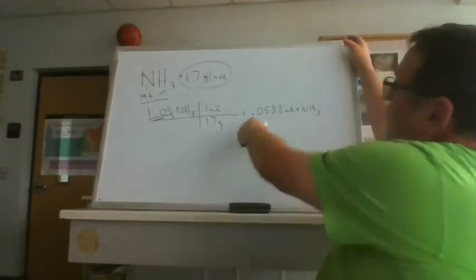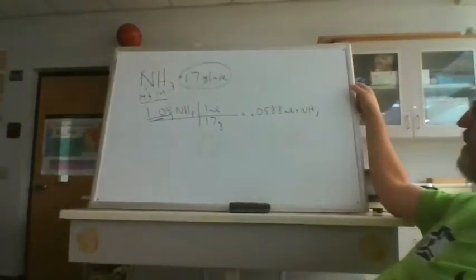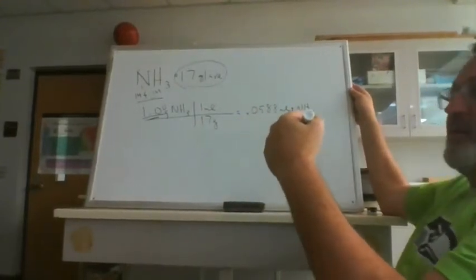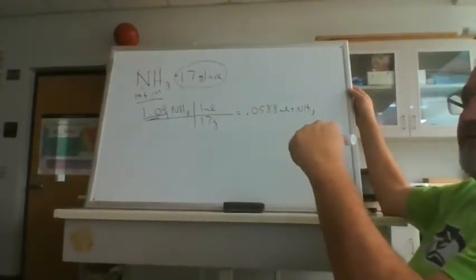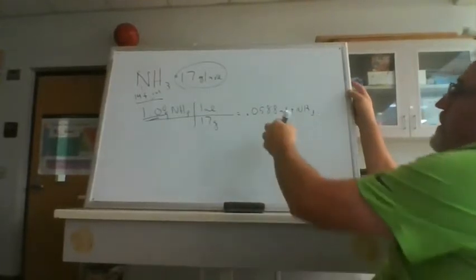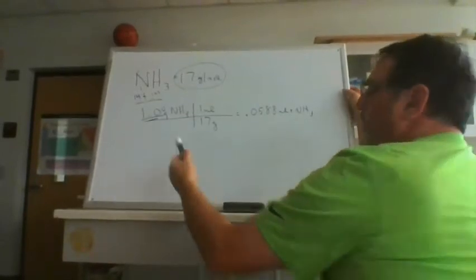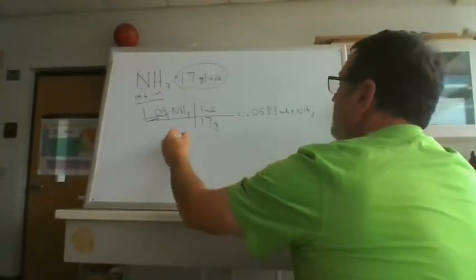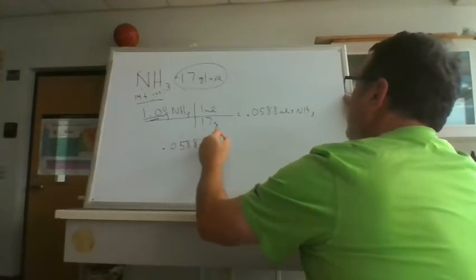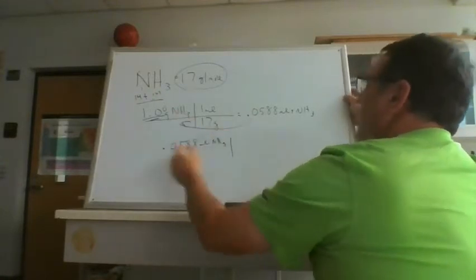I turned 1 gram into 0.0588 moles. Technically, that's kind of the answer, but it's not. If they're asking for molecules or formula units, they want you to take it 1 step farther. I have 0.0588 moles of ammonia in 1 gram.